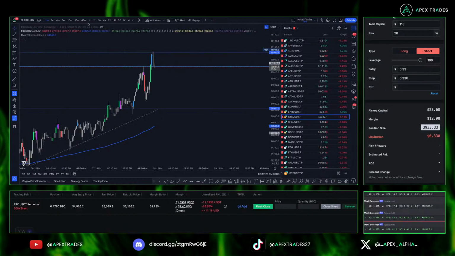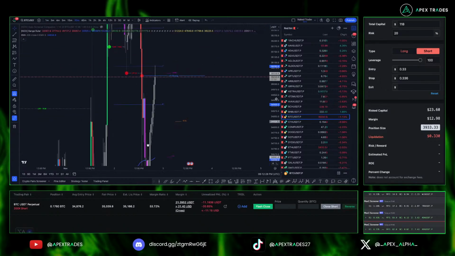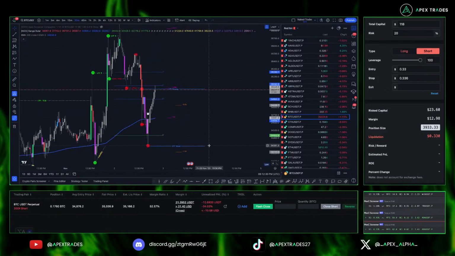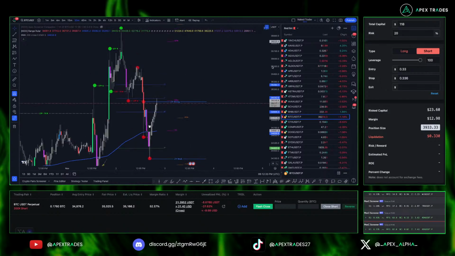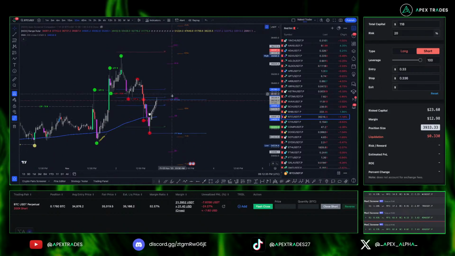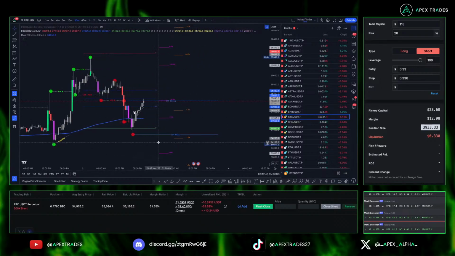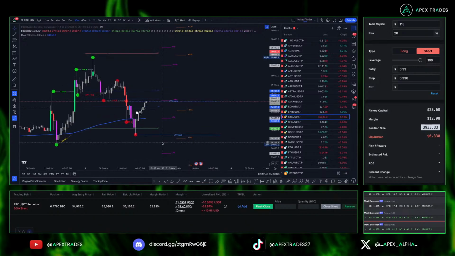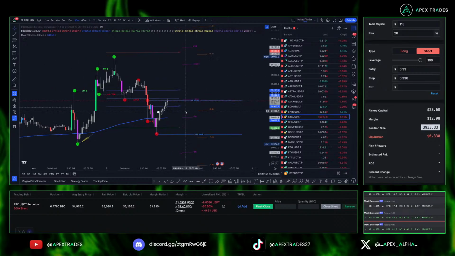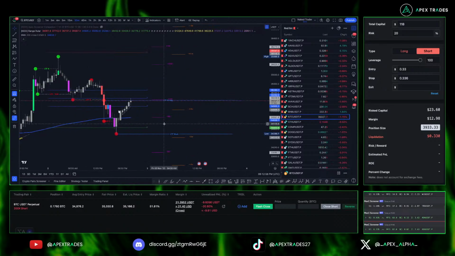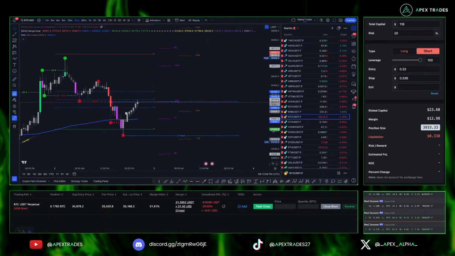Let me just check something. Yeah, there's that standard deviation box there, right? 68% likelihood that it closes within this range before 10 p.m. UK time.